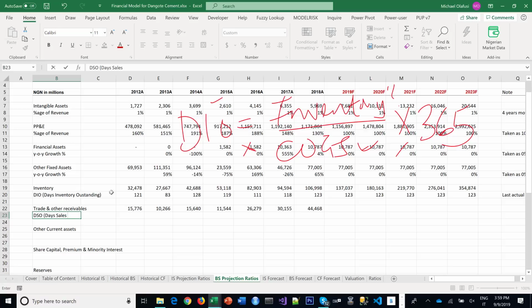So collect the money anyway, collect the cash. So do the customers take 30 days on average to pay you? Do they take 10 days on average? So as you say, days takes your sales to be outstanding, and that's what we use in capturing the receivable. If people take 30 days to pay you, then you always have receivables worth of 30 days sales. So that's your days sales outstanding, and that's the logic.